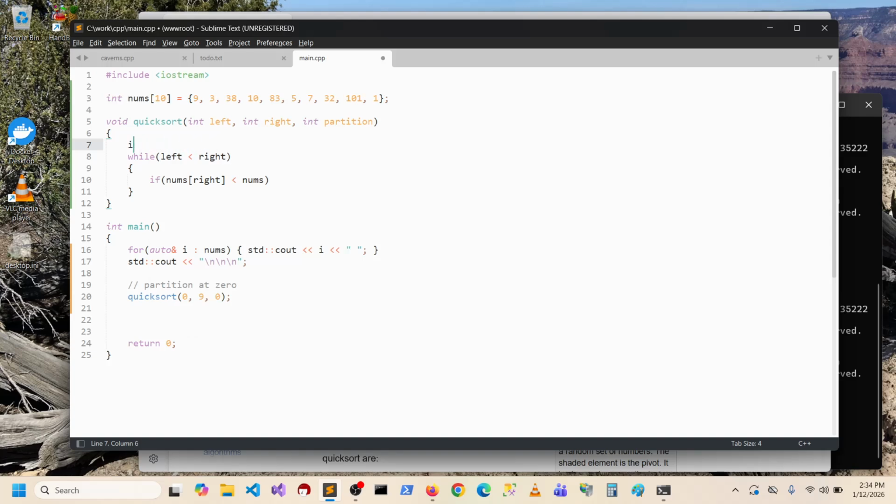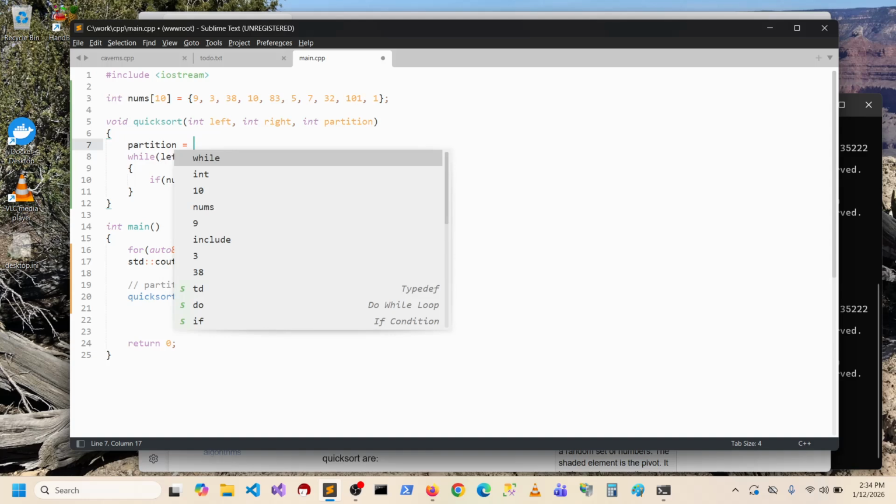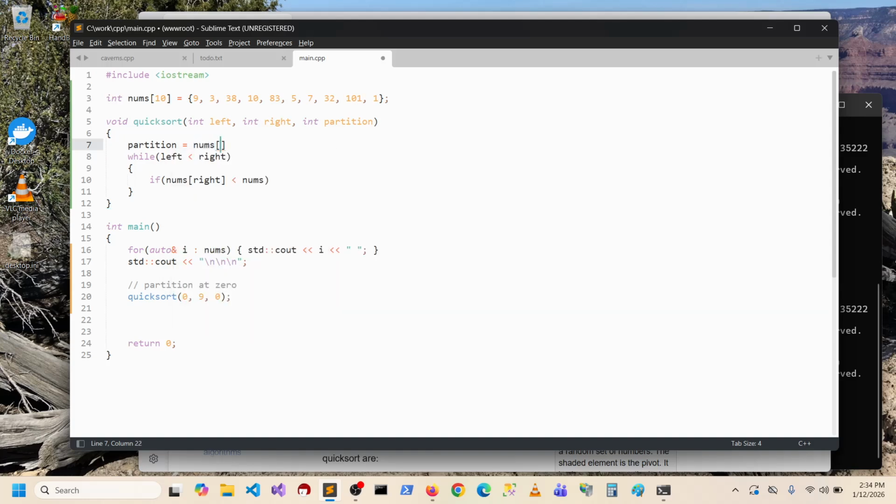Actually, we don't need the partition anyway. It'll always be 0.